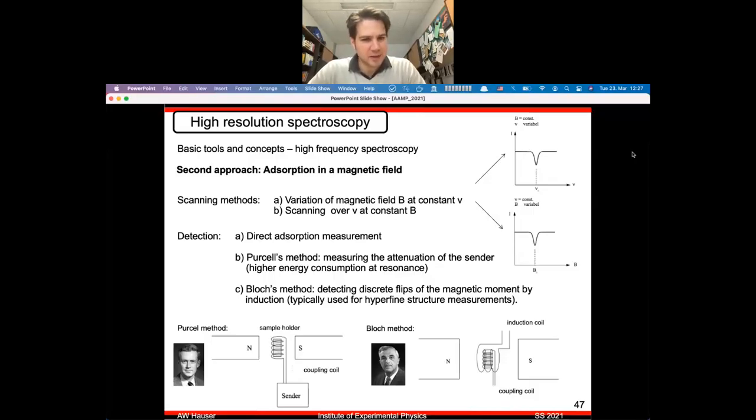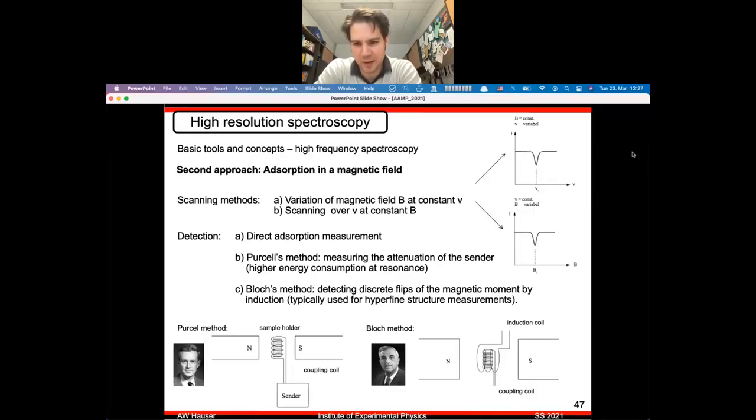And in comparison is given option C, Bloch's method. Here we are measuring the discrete flips of the magnetic moment caused by induction. Okay, so here, if you look at the lower right side of slide 47, you can see a similar setup. We have the two poles, north and south.